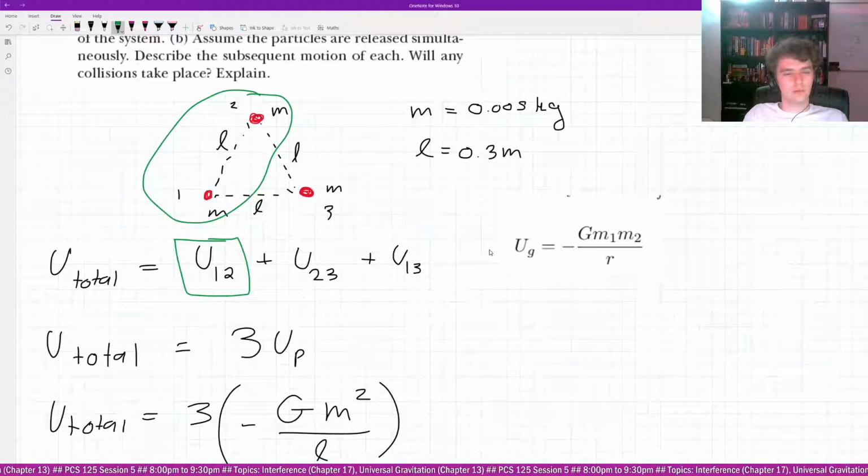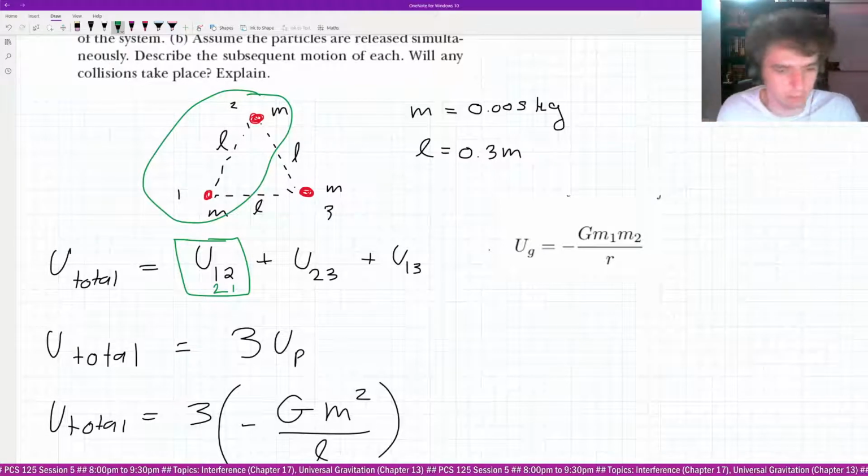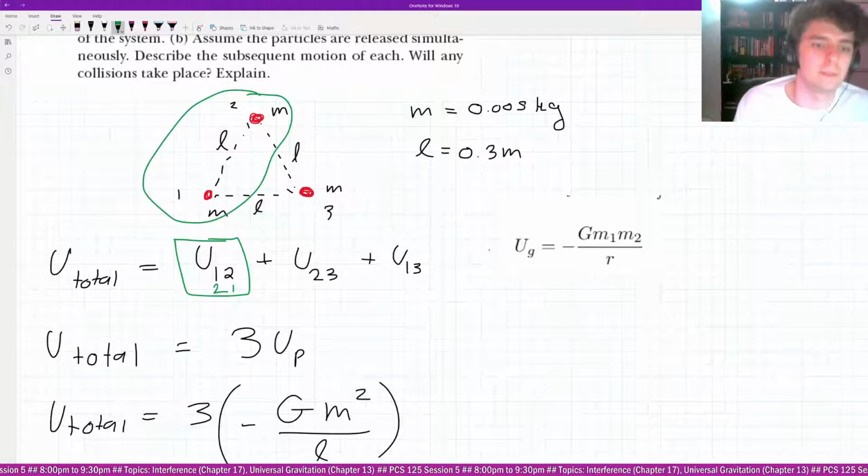So the system of 1, 2 and the system of 2, 1 are the same system. So it's the same potential energy. This variable is the same thing as if I said 2, 1. It's just saying object 2 and object 1, object 1 and object 2. Oh, alright. Alright, thank you. What's the potential energy that they share? It's the same if you look both ways. Alright, bet. Thank you.